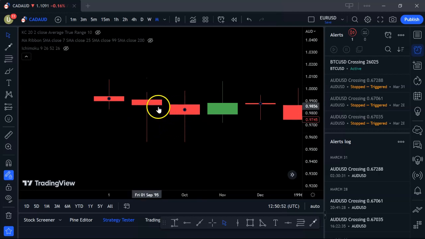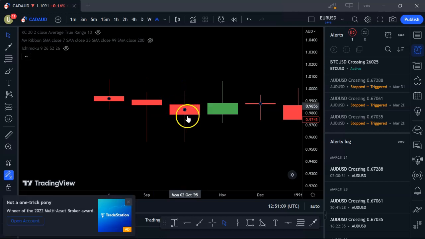The next candle will always open relative to the closing price of the previous candle. So this market opened up here, went up as well and went down in price, but at the end of the day it closed below the closing price of the previous candle, and that is the reason why this candle is red.